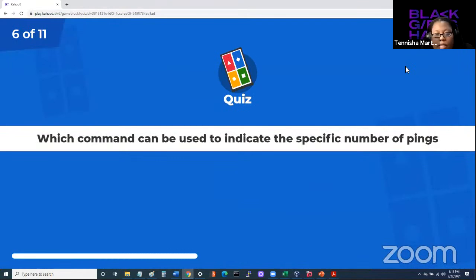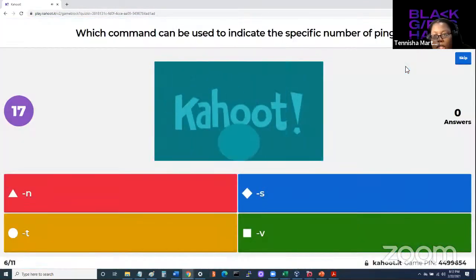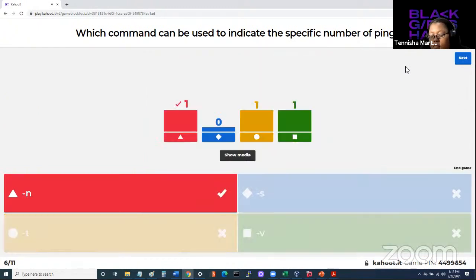All right, number 6, which command can be used to indicate the specific number of pings? Yes, so this was actually on my exam.